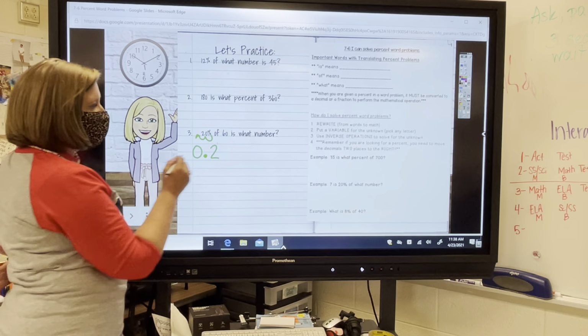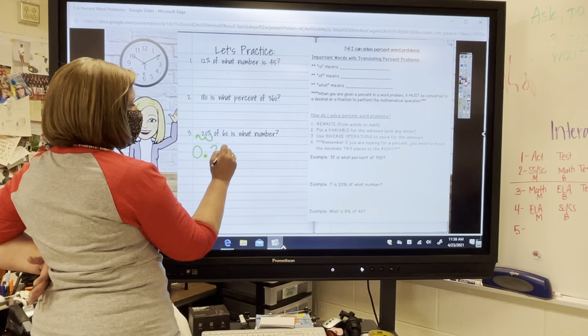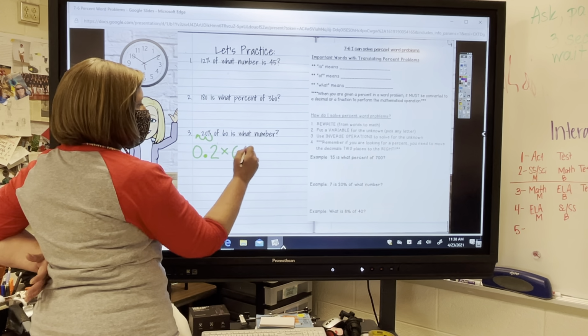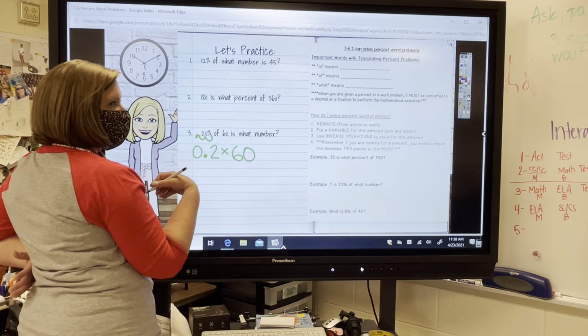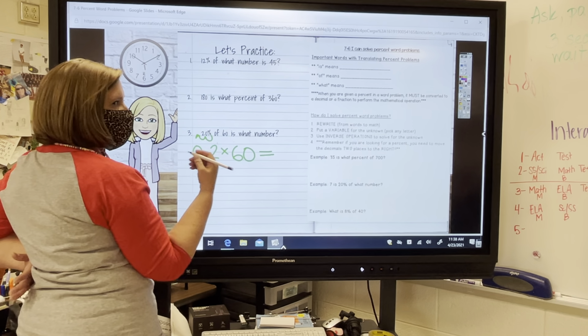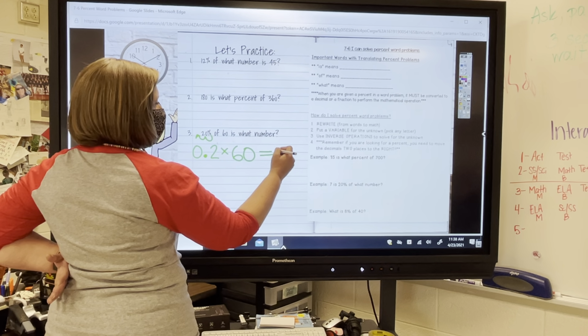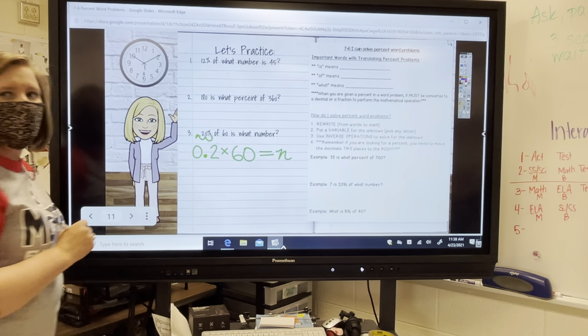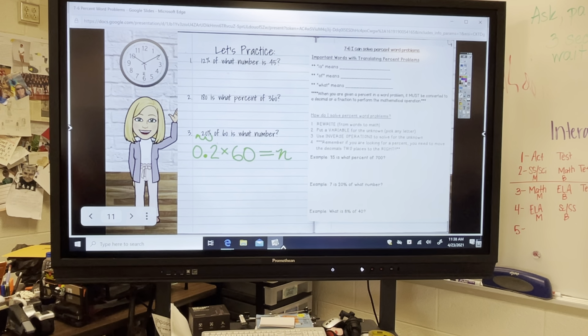What does of mean? Multiplication. We have 60. What does is mean? Equals. What number? What are we going to put in? N. All right, I want you to do that. 2/10 times 60. Do we need to do inside outside?